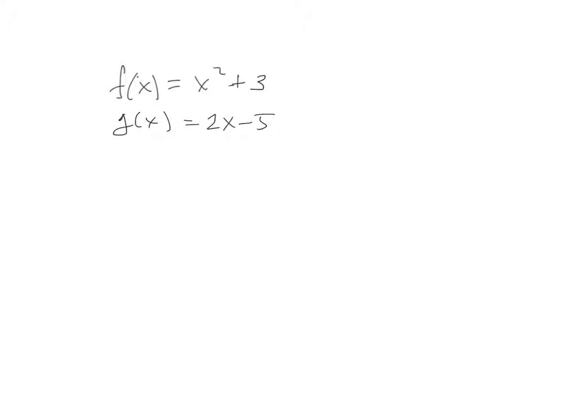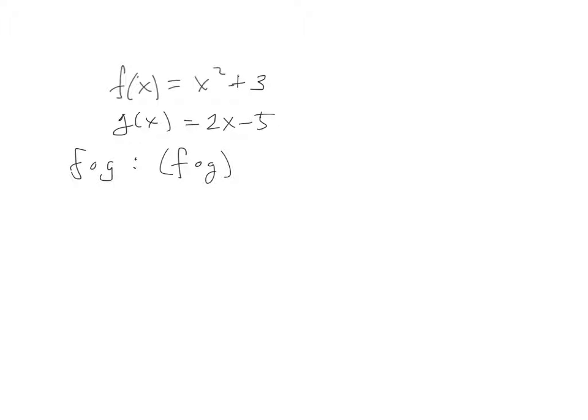Composition is applying one function after another. For example, if I said f circle g, this is a composition that starts off with g and ends up with f. It seems a little backwards, but this is how it's defined.